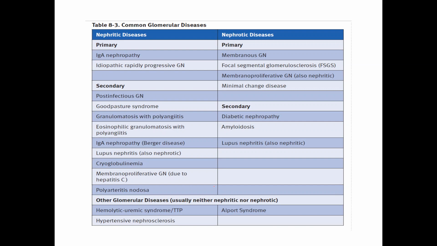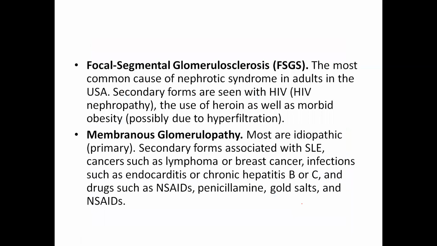Membranous glomerulonephritis, focal segmental glomerulosclerosis, membranoproliferative glomerulonephritis, as well as minimal change disease are the most common primary causes of nephrotic syndrome. Focal segmental glomerulosclerosis is the most common cause of nephrotic syndrome in adults in the USA. Secondary forms are seen with HIV nephropathy, the use of heroin, as well as morbid obesity, possibly due to hyperfiltration.